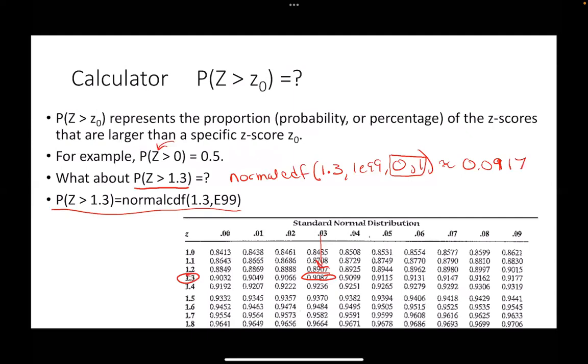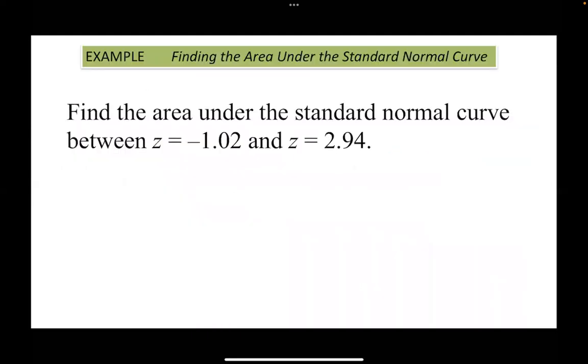Okay. So let's find the area under the standard normal curve between z-scores of negative 1.02 and 2.94. There is a way that you can do this with your Z table, but let's just not even go there. It's a lot of extra math. So instead, we're going to use our normal CDF. Your lower bound is negative 1.02.